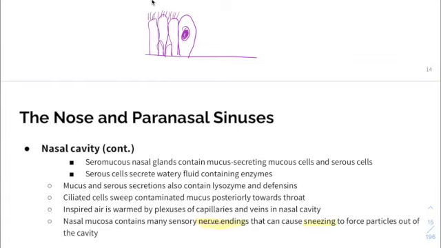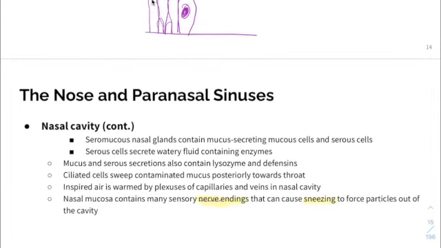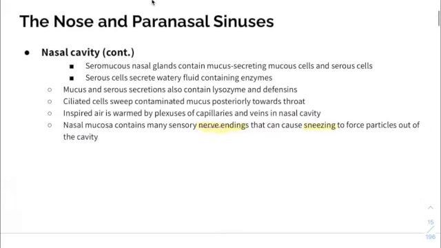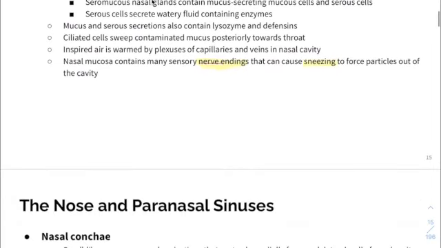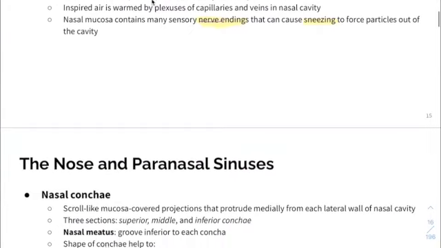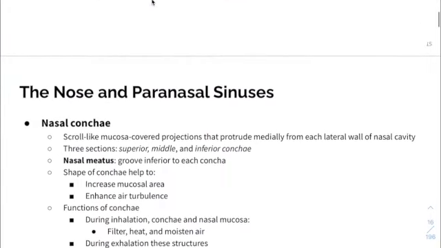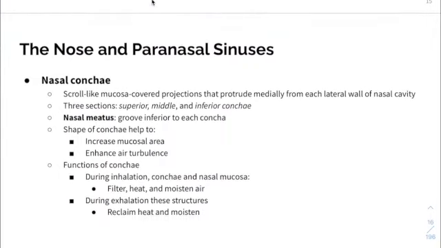So if you remember looking at the skull from Anatomy 1, we have these nasal concha. They are these projections that come out medially from the lateral wall. So if this is my nasal septum, I have these on this side, and on this side I have these little nasal concha.